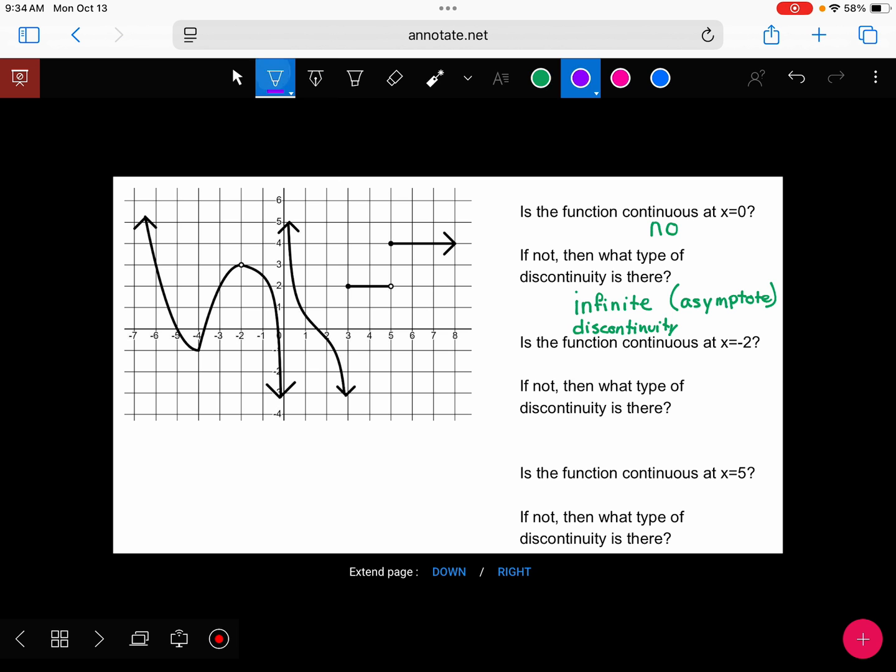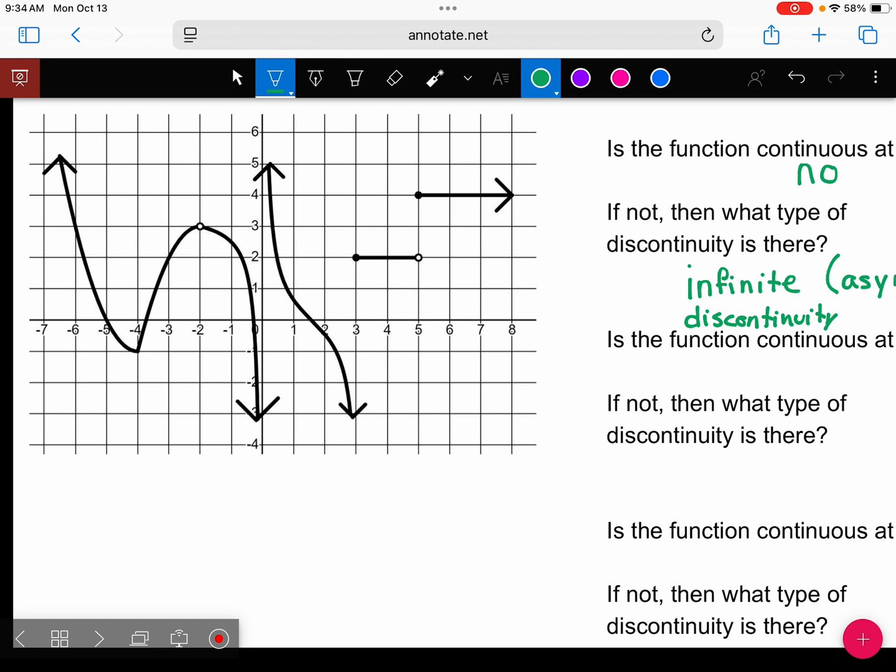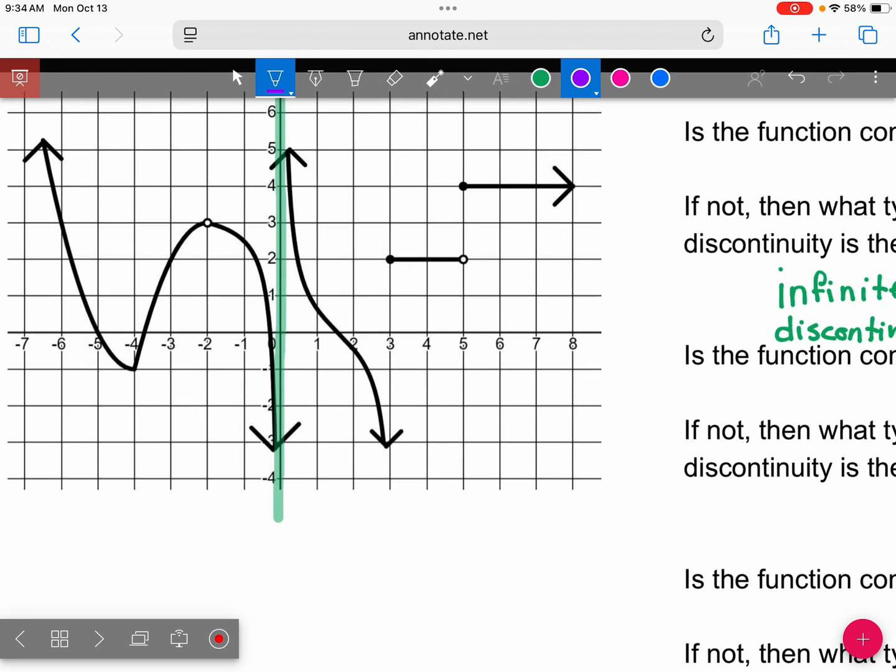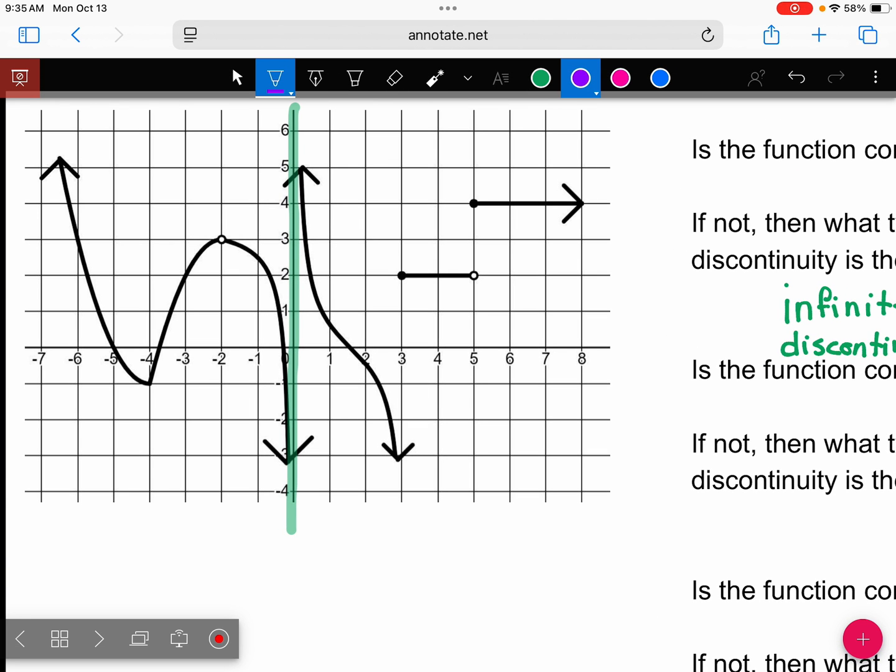That's looking, just so that we can track stuff, right here where x equals 0. Is the function continuous at x equals -2? No. So again, we're looking at -2. That's this one over here. If I trace along, I have to pick up my pen and jump over that hole at -2.